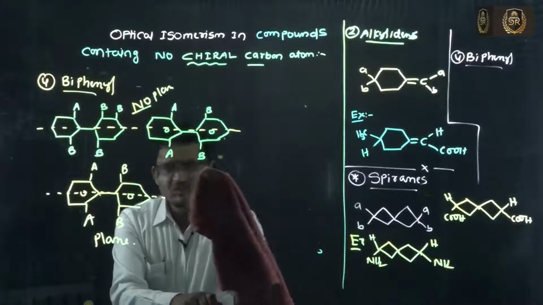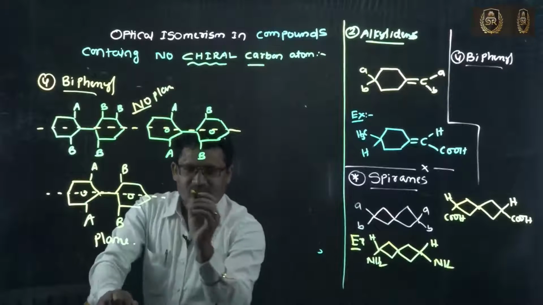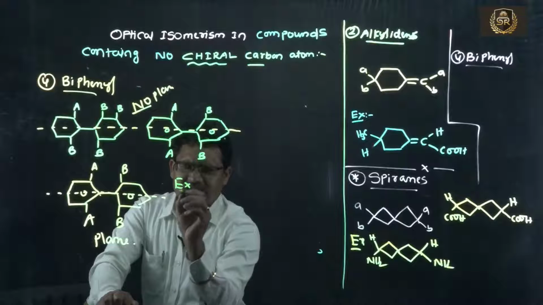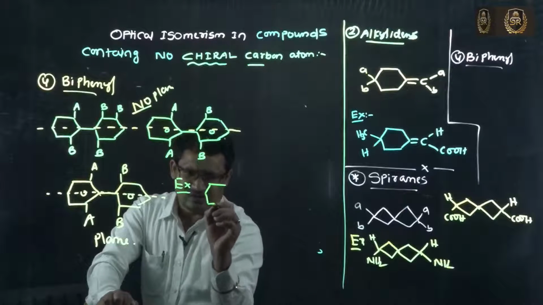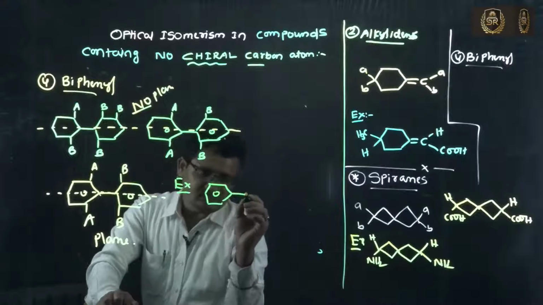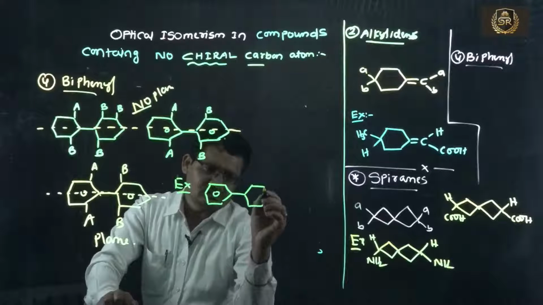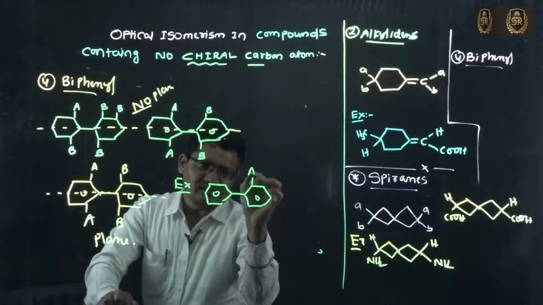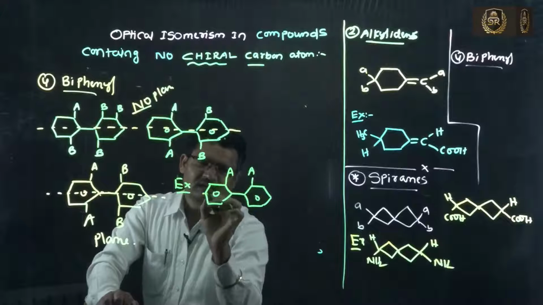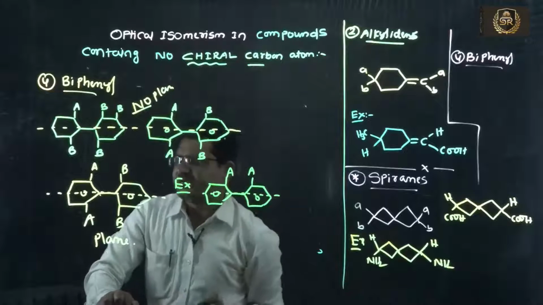Now a few more examples of biphenyl compounds. For example, like this is one phenyl group and this is also one of the phenyl groups. So here A, this side A, it is also no plane of symmetry.